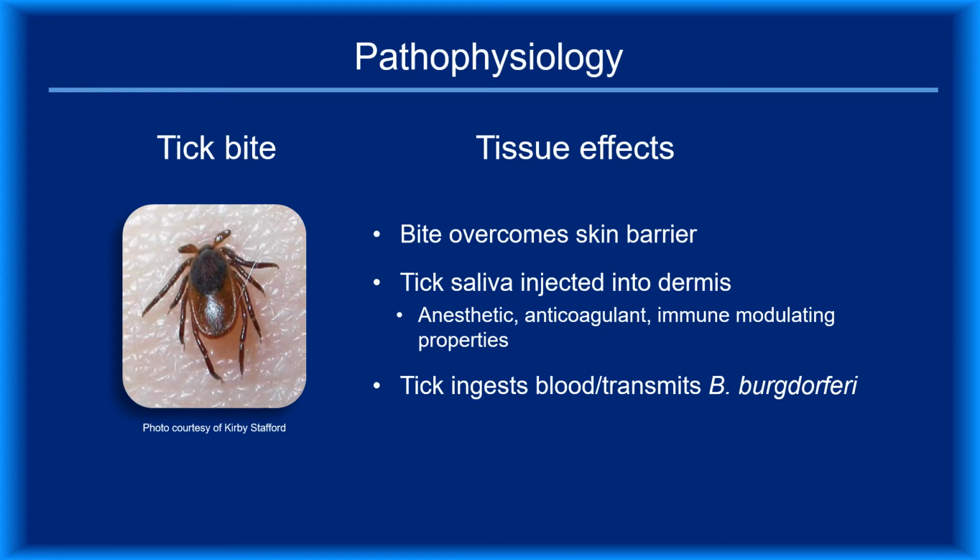Ticks feed over several days, which increases the likelihood of Lyme disease. To allow for prolonged feeding, tick saliva contains anticoagulants. The saliva also has anesthetic and antihistamine properties. Thus, the bites are painless and non-pruritic, which explains why most bites go undetected.